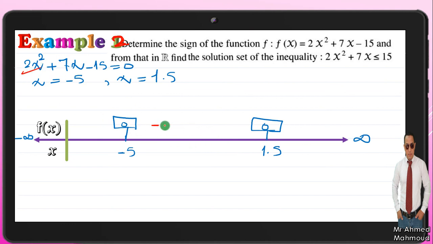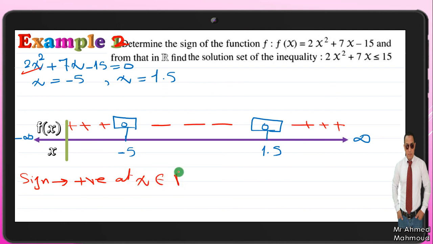So in between there is a negative sign. Outside we have the positive sign. So the sign is positive at x belongs to R minus negative 5 and 1.5 closed.